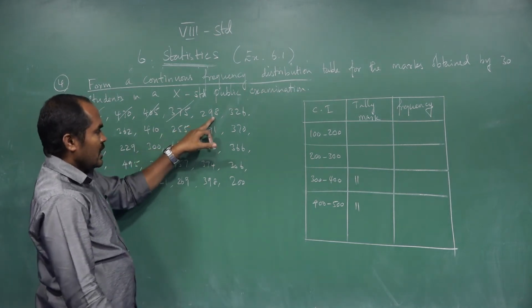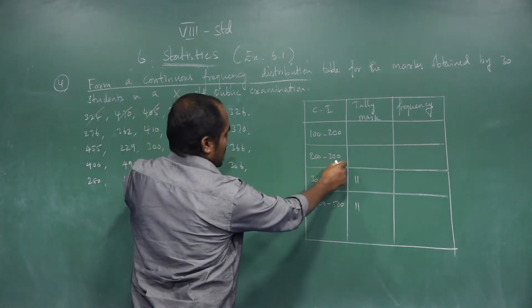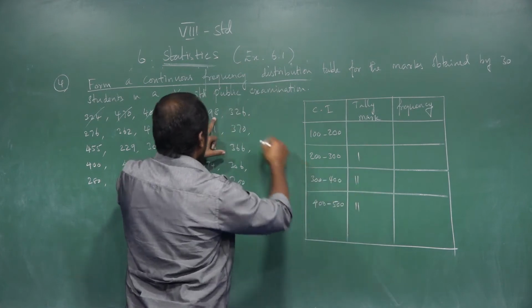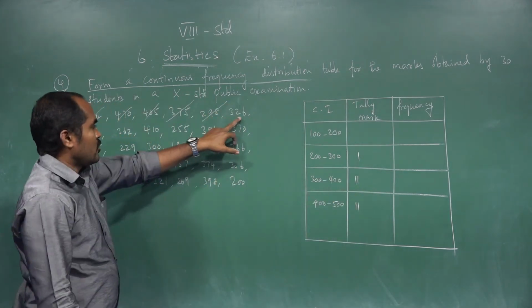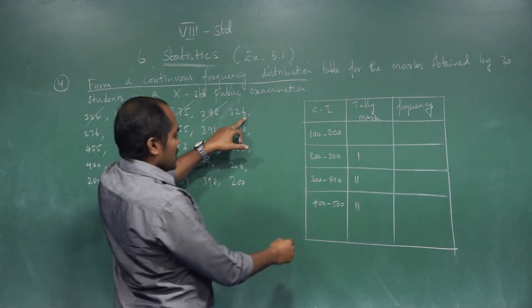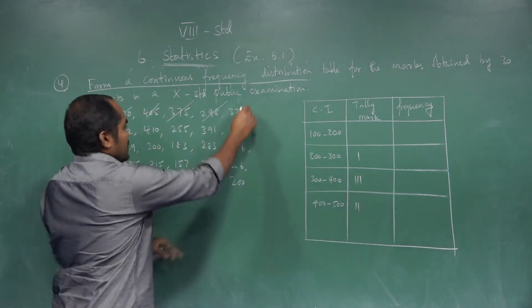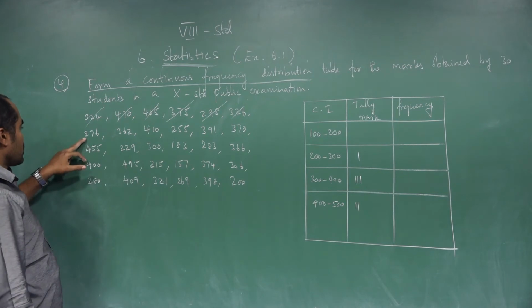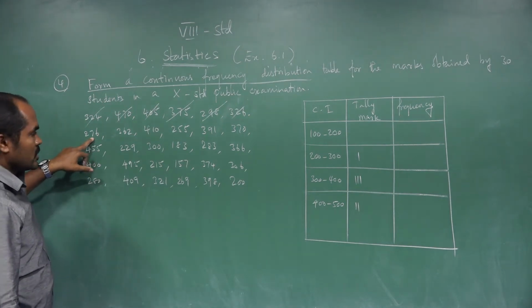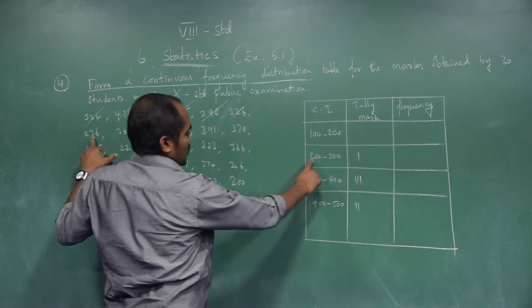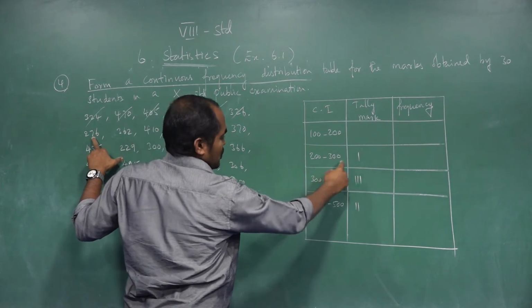298 lies between 200 and 300. So right here one line. 326 lies between 300 to 400. So right here one line. Check out here. 276 lies between 200 to 300.